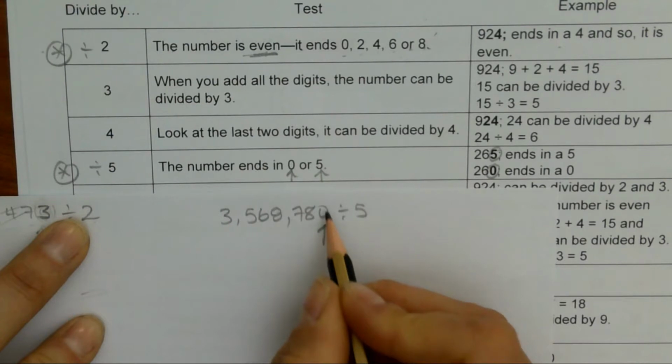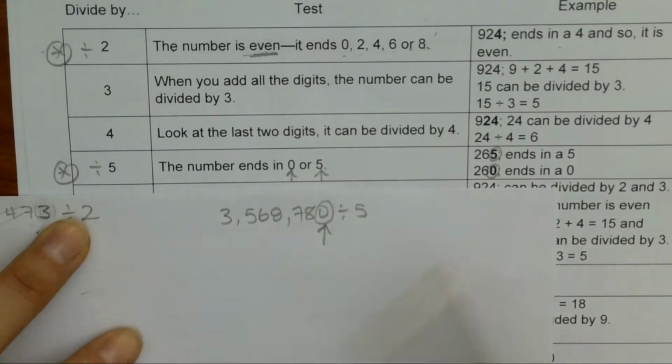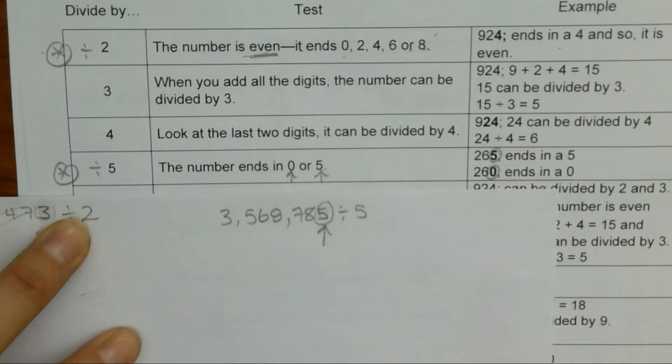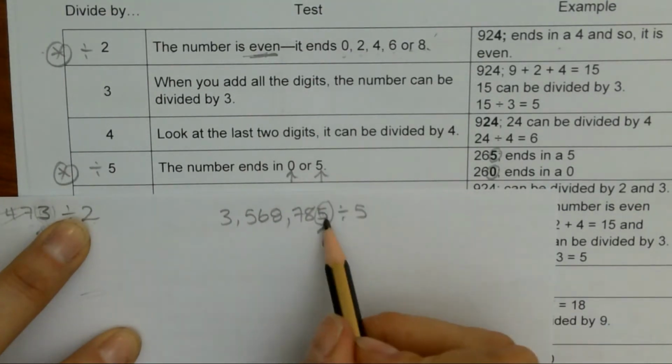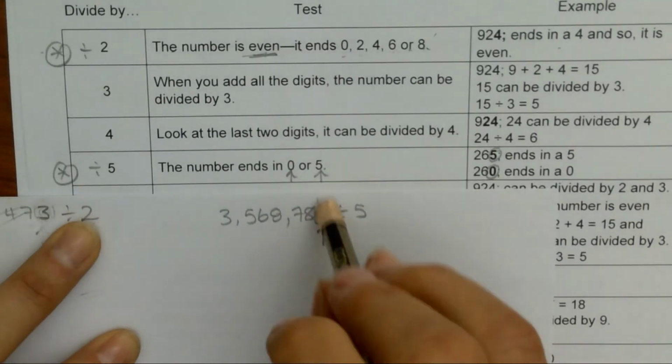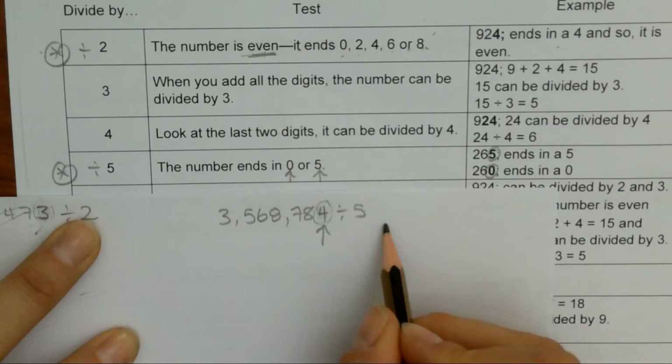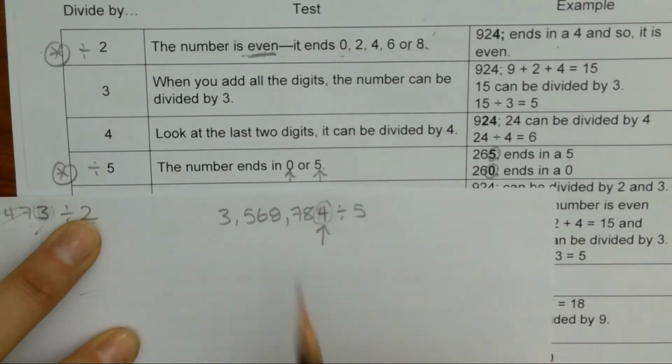Yes, because it ends in a 0. If I change it to a 5 and say, is that divisible by 5? Yes, because it ends in a 5. The very last digit is a 5. If I change that to a 4, is that divisible by 5? No, it's not, because the last digit has to be a 0 or a 5.